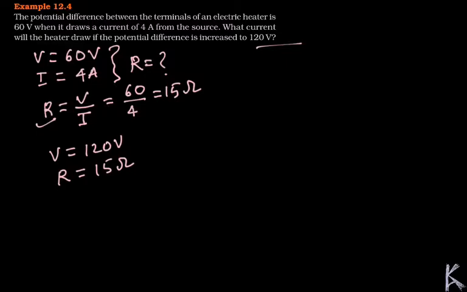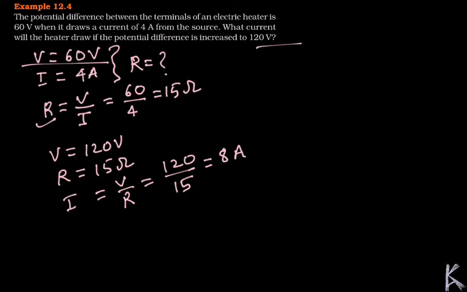Just because the voltage is increased from 60, what will be the difference in current? Let's see. I is equal to V by R, which will be equal to 120 by 15. So the current will be 8 ampere.